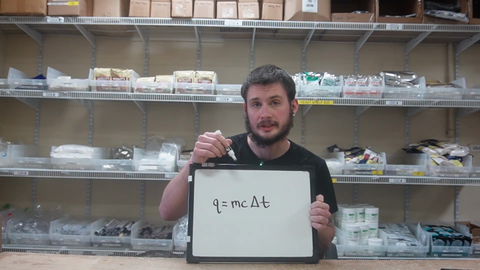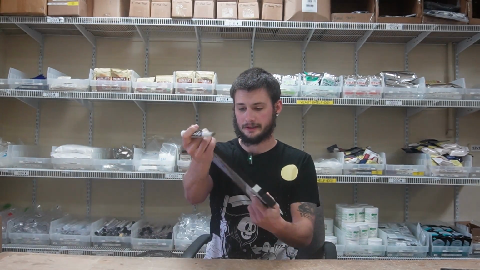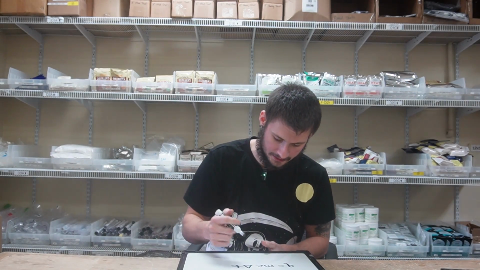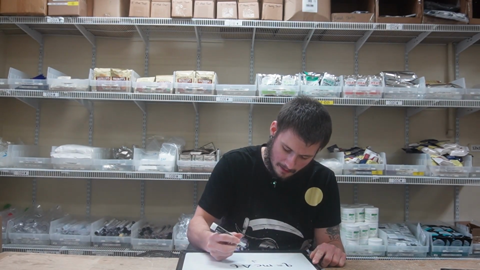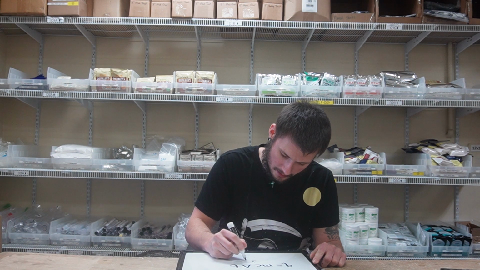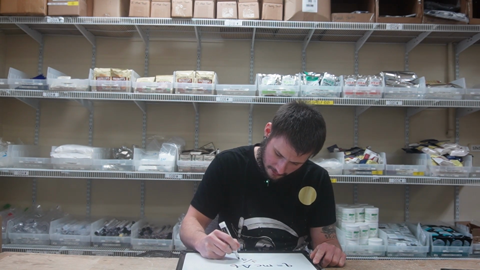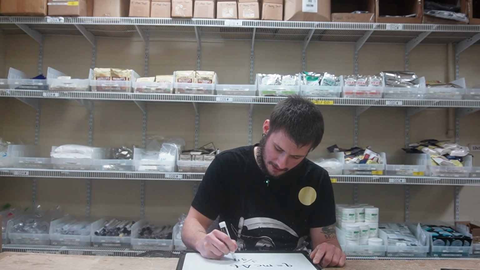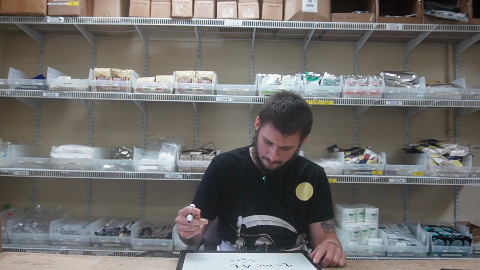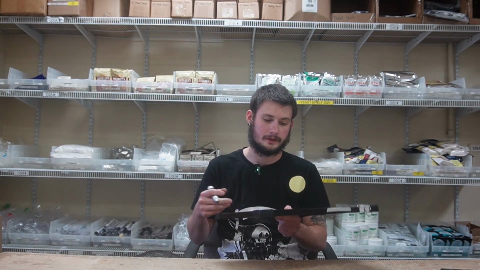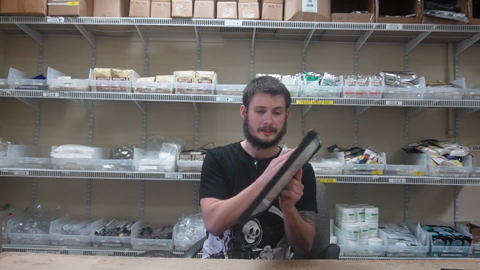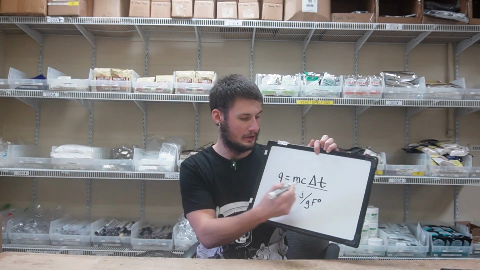C is our specific heat capacity, which means it's the amount of joules per gram per degree Fahrenheit, basically, or Celsius, up to you. And then our delta T is our change in temperature.